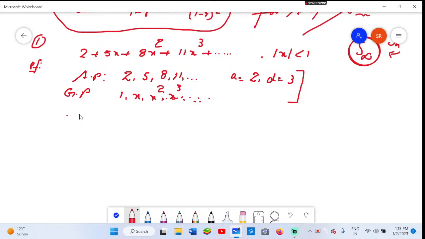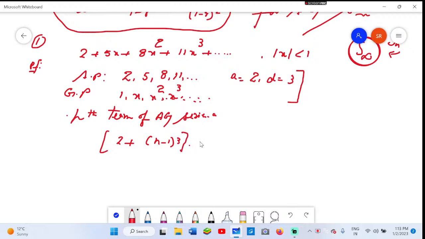Then you must proceed to write another term. So another term of AG series. It will be a plus n minus 1 into d, d is 3, into r. What is r? r is x raised to power n minus 1.